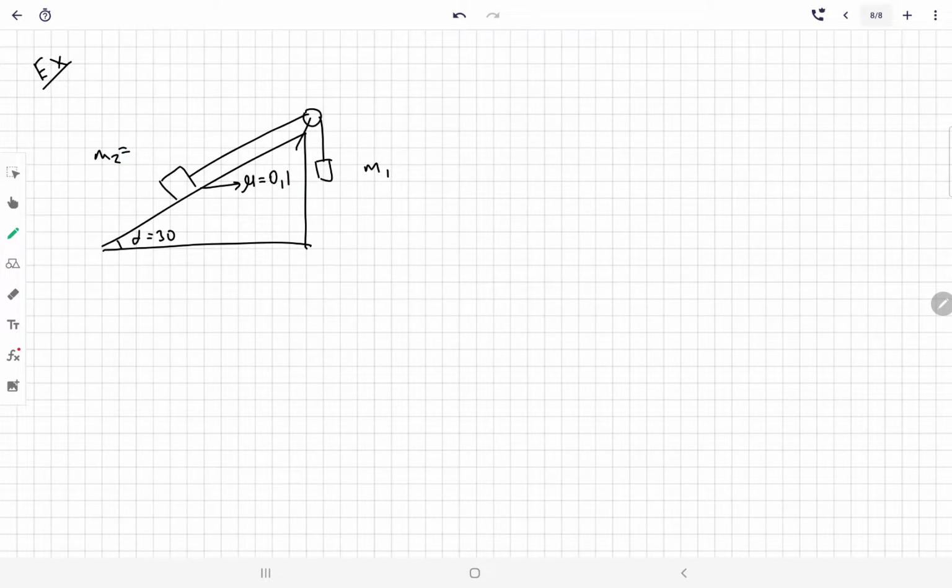M2 equal to 10 kilogram again. Question. Find mass M1 so this system could rest. What should be mass M1 so this system could be at rest, so no motion. Now let's solve this problem.